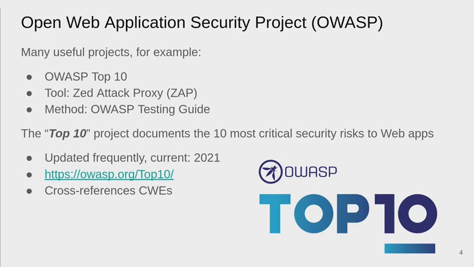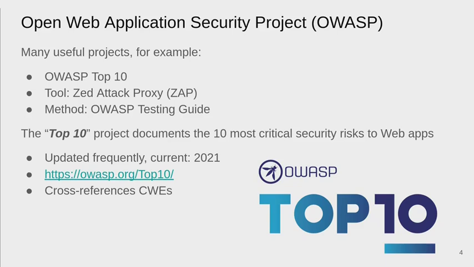So several of you have heard about OWASP. You've heard about the top 10, right? Not just about the Open Web Application Security Project, because they are mostly known for their top 10.